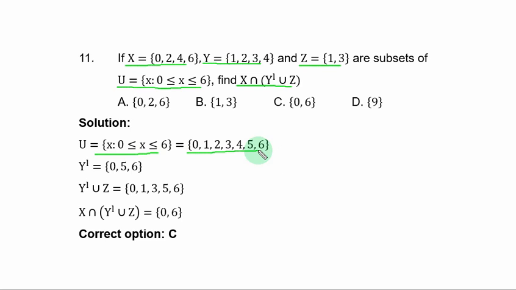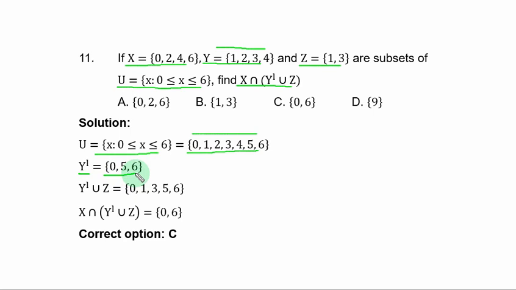So let's get y complement. Now y complement are the elements in the universal set but not in set y. You compare set y with the universal set. The elements in the universal set but not in set y are y complement, and the elements are 0, 5, 6.